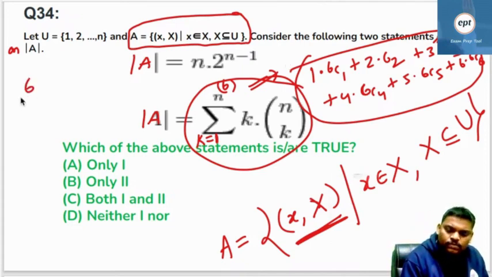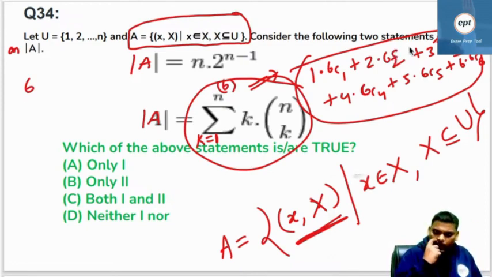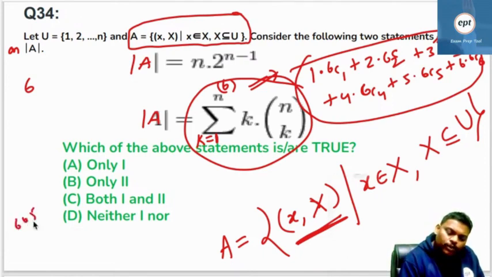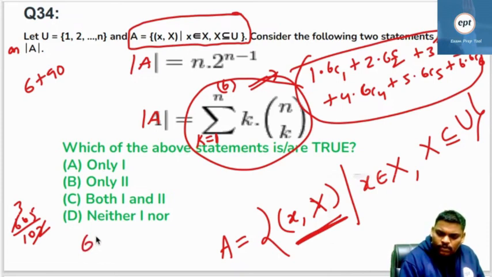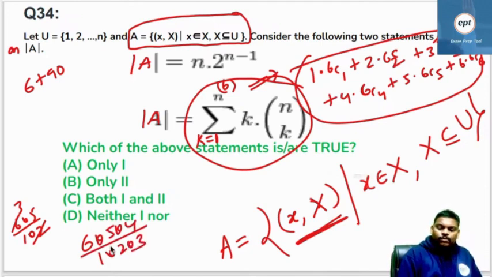6c1 is 6. 6c2 is 6 into 5 by 1 into 2, which is 15. 15 into 6 is 90. 6c3 is 6 into 5 into 4 by 1 into 2 into 3. 6 cancels, 5 4s are 20, 20 3s are 60.